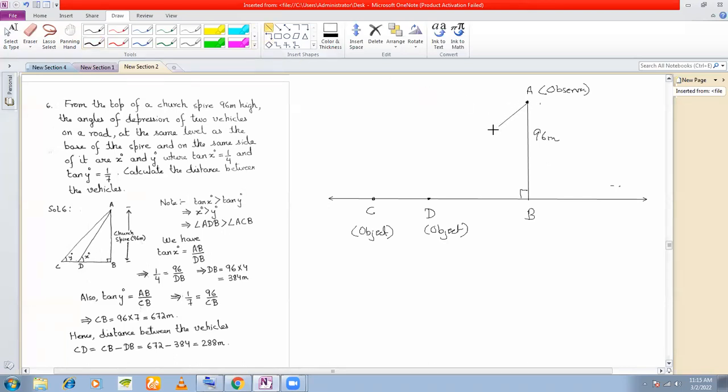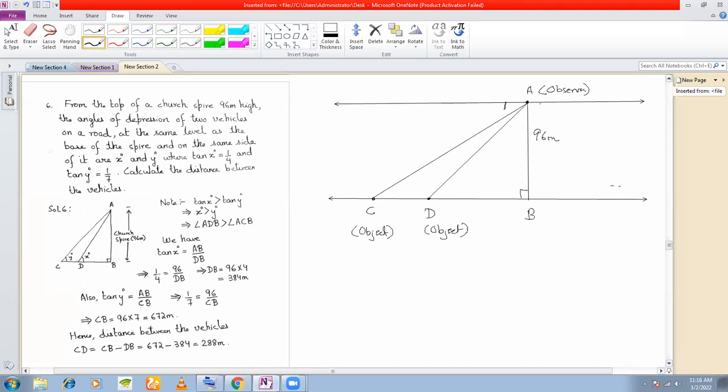So here you see this is one line of sight, this is the other line of sight. Now these two lines of sight, what is the angle that they make with the horizontal? Let's draw a horizontal here. They make an angle of x degree and y degree.